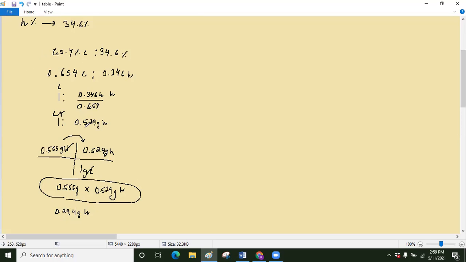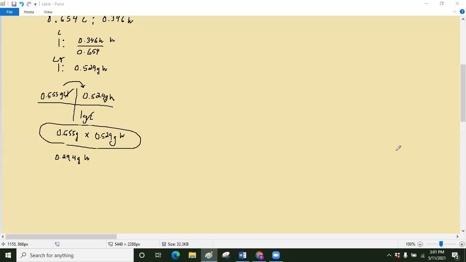We could have gone the other way around, right? If I have this much hydrogen, 0.294 of hydrogen, I could find the amount of chlorine. My purpose here is to tell you that this conversion factor is really at the heart of everything. If you have one in terms of something else, you can always find the other thing.